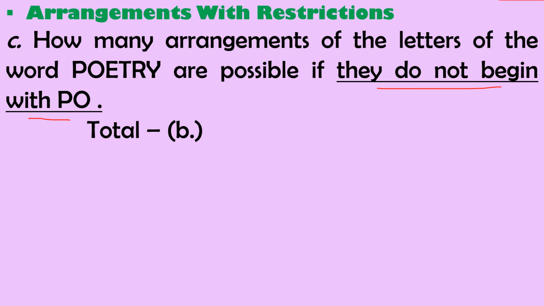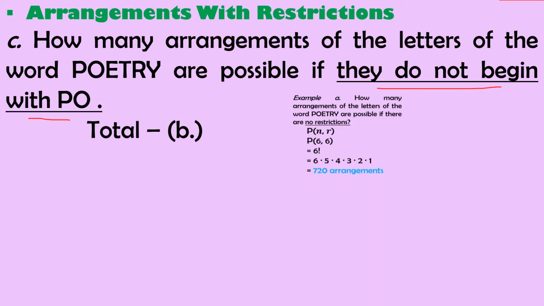So let us recall our answer for letter A. We have 6 factorial because the word poetry is composed of 6 letters. So the answer is 720. And for letter B, we have 4 factorial. The answer is 24 arrangements. So we just have to subtract 24 from 720.